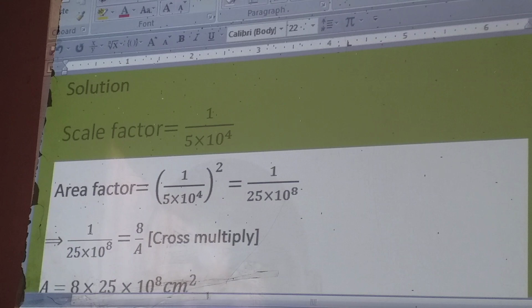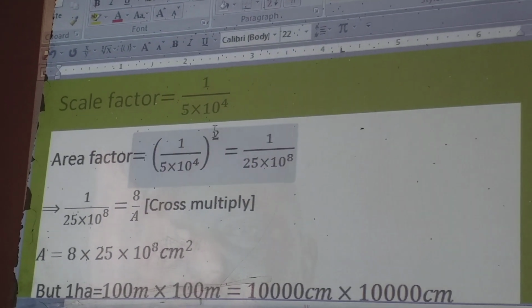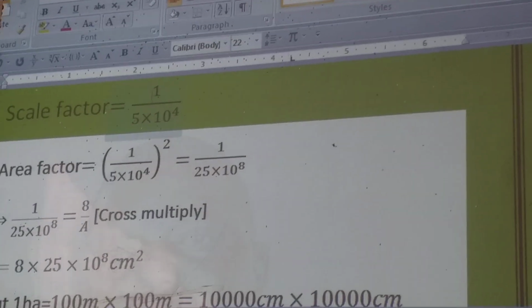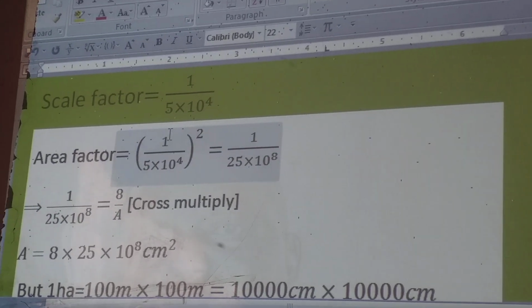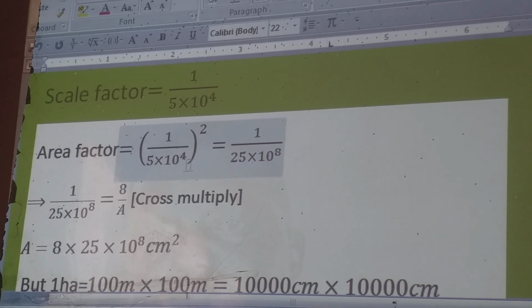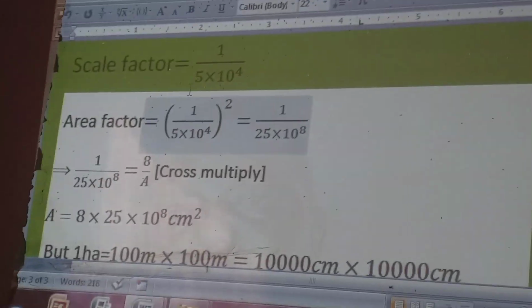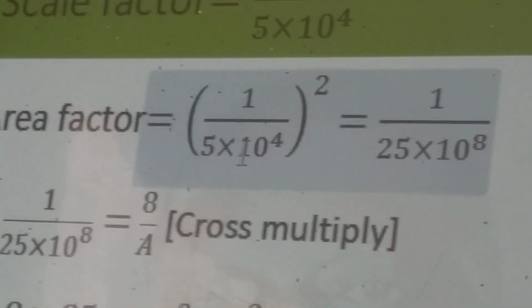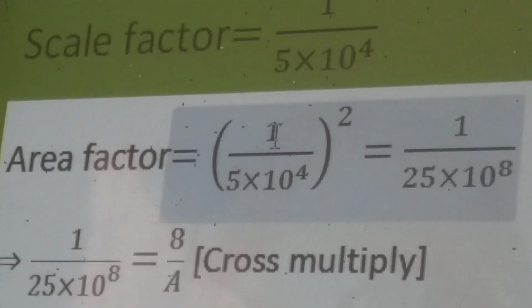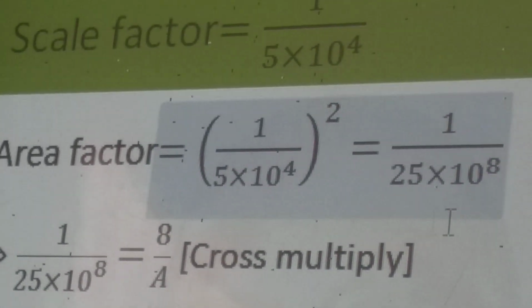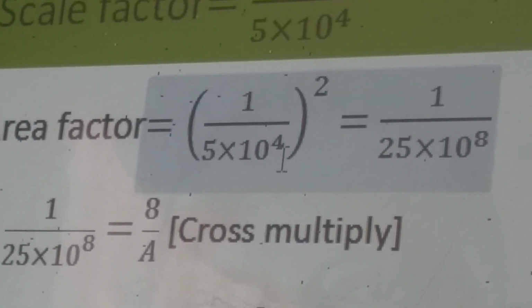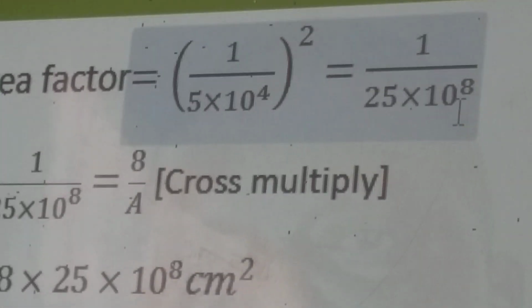Solution: the scale factor is 1:50,000, and 50,000 is the same as 5 times 10 to the power 4. The area factor is equal to (1/(5 times 10 to the power 4)) squared. We square the scale factor to get the area factor, which means we square each and every term inside. 1 squared gives us 1, and 5 squared is 25. 10 to the power 4 squared is 10 to the power 8.